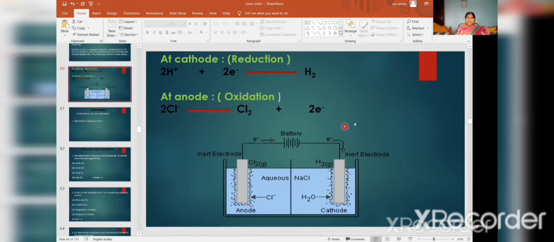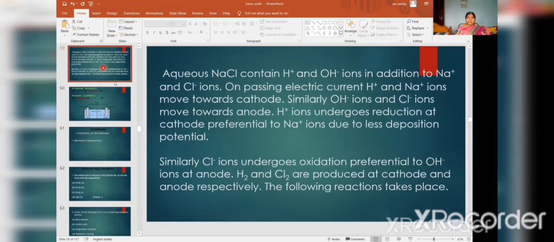So we can write here the products formed. Hydrogen and chlorine gas are liberated at the cathode and anode, and the remaining ions, Na plus and OH minus, are combining to form what product?